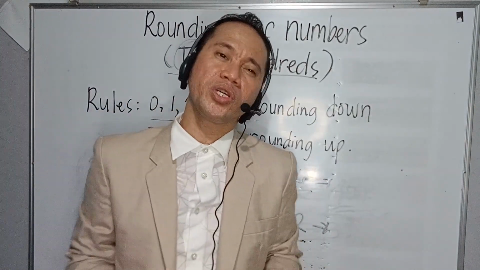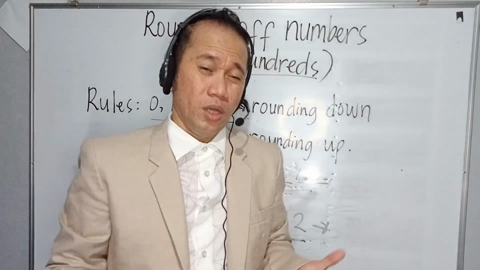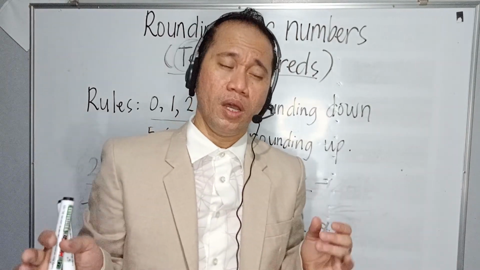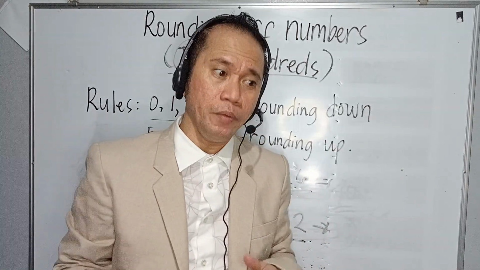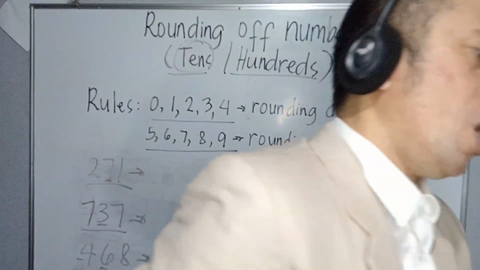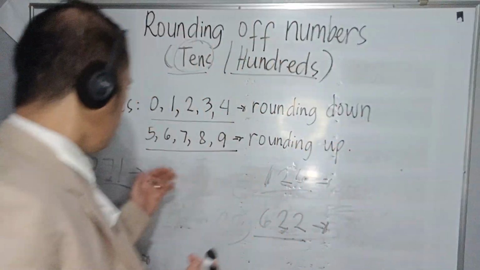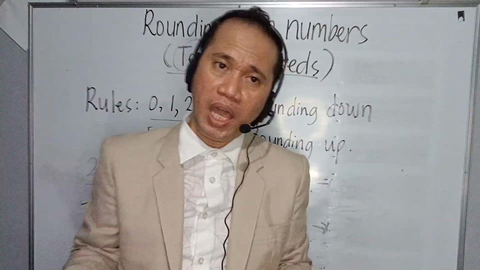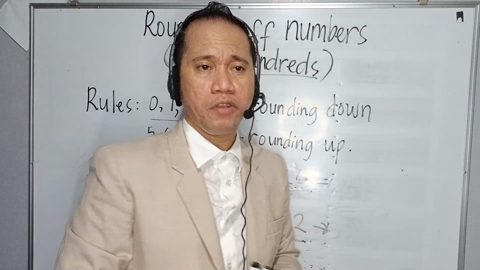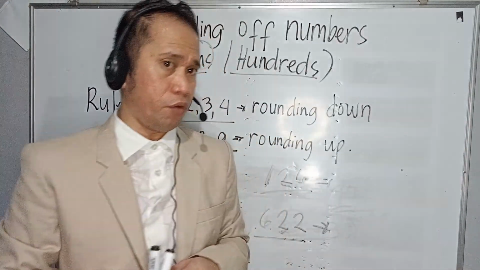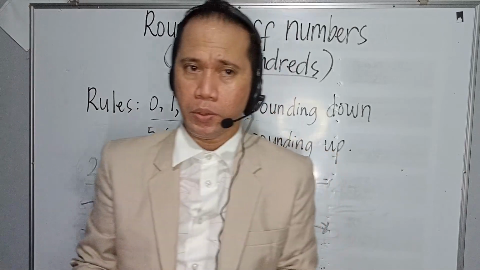When we say rounding up or rounding down, if the numbers end with 0, 1, 2, 3, 4, that is rounding down. But if the numbers end with 5, 6, 7, 8, 9, that is rounding up. So, my dear viewers or my dear students, you are going to check first the tens place value.